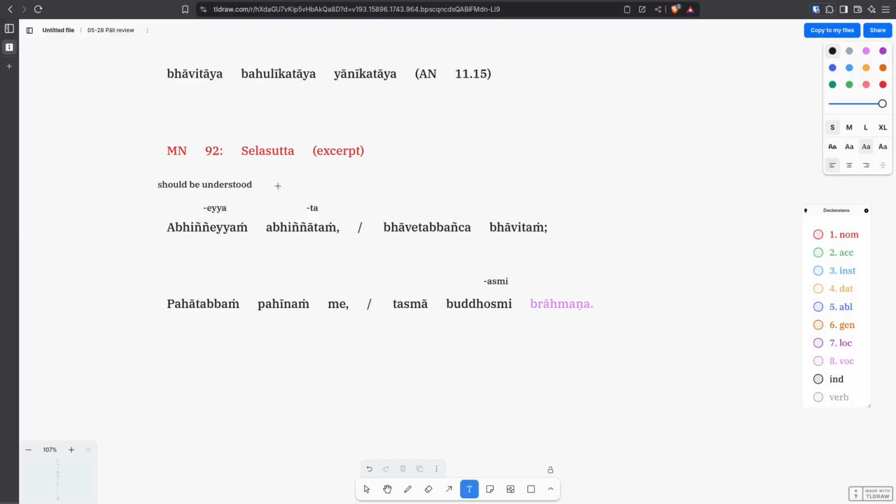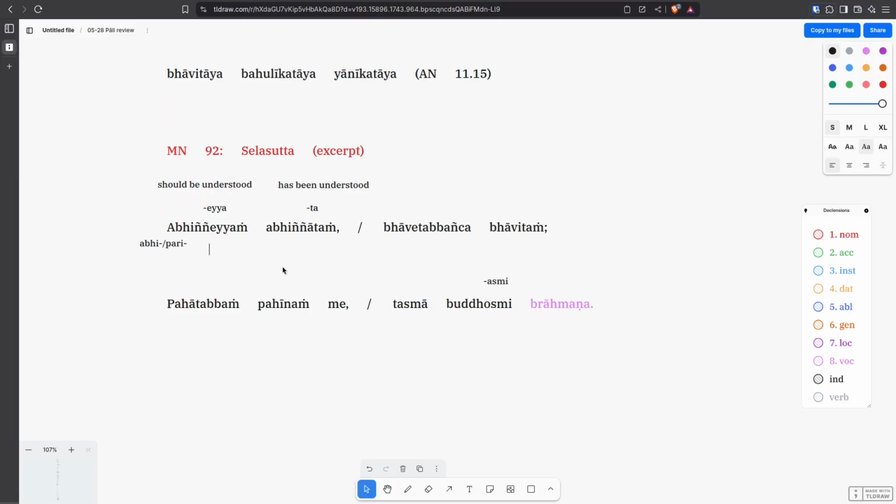And so what should be understood, this has been understood. Here it is with the prefix abhiññeyyaṃ, but more commonly this would be pariññeyyaṃ. It's like in the dukkha sacca, pariññeyyaṃ, but it's a similar meaning, like direct understanding, full understanding.